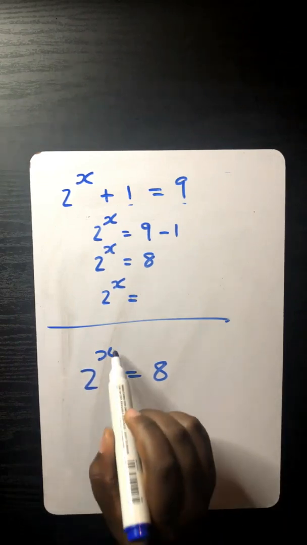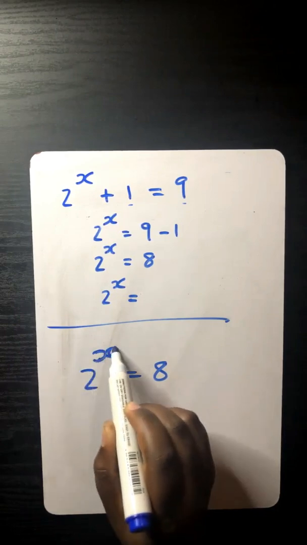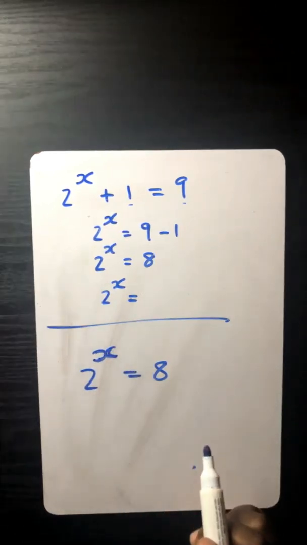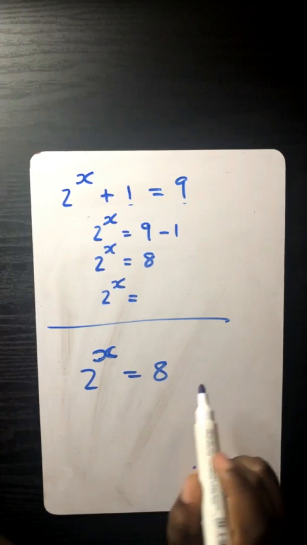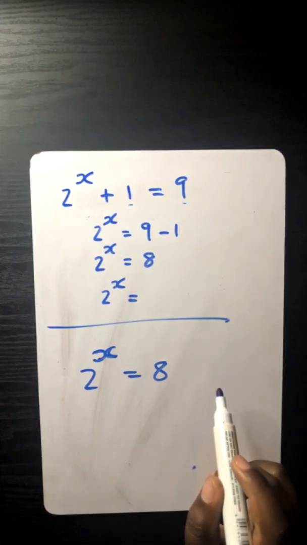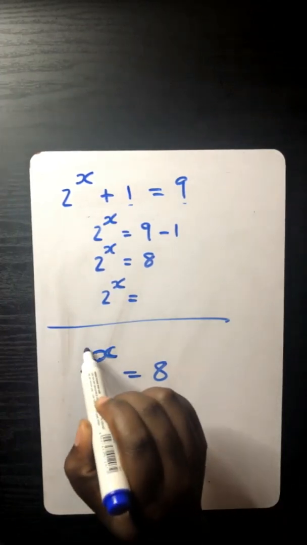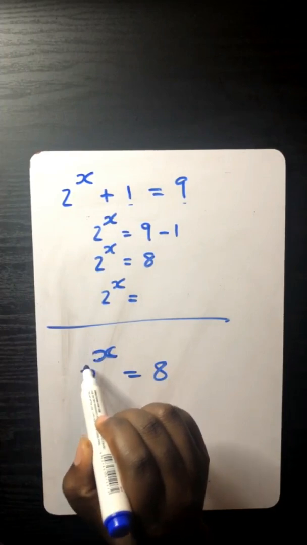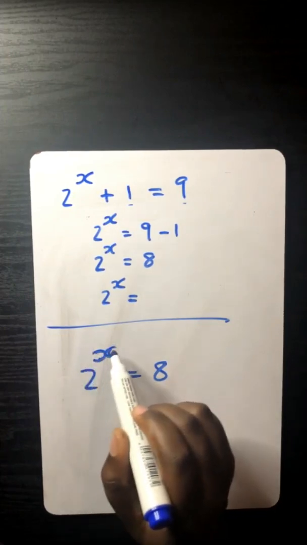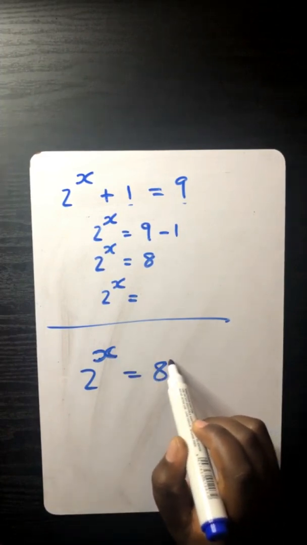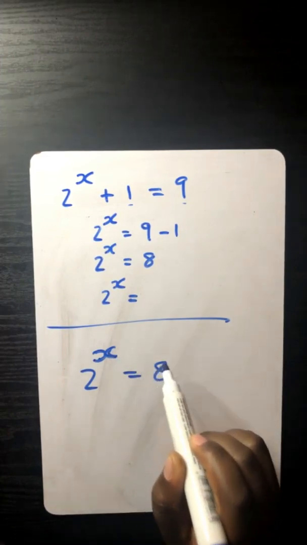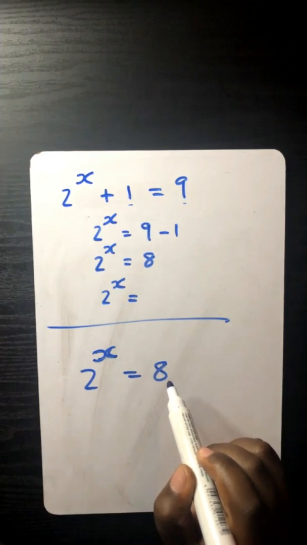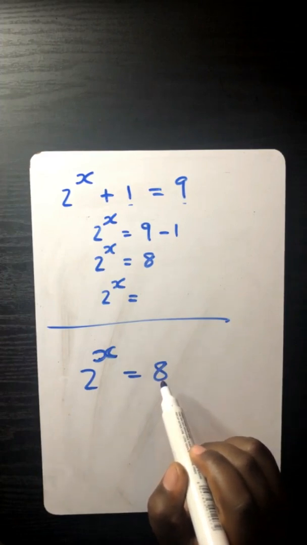You cannot divide it by 2 because of that x as an exponent there. Yes, sir. Because you have the unknown as the exponent, at all times you want a bigger number to be in its smallest form.